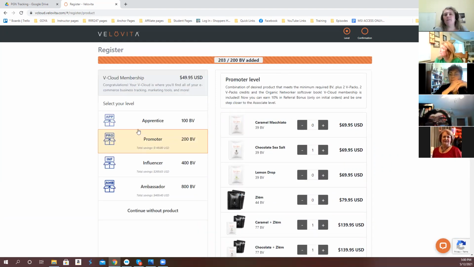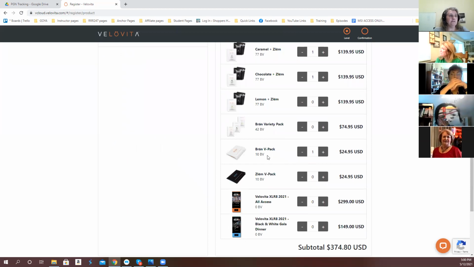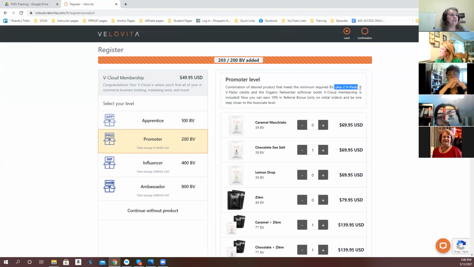If you're not in Velovita yet and you want to spend the least amount of money for the best bang for your buck, Promoter is the best, because you get 2 additional VPACs. So that's $50 free. Plus you get 2 credits for more, another $50 free, so we're up to $100.